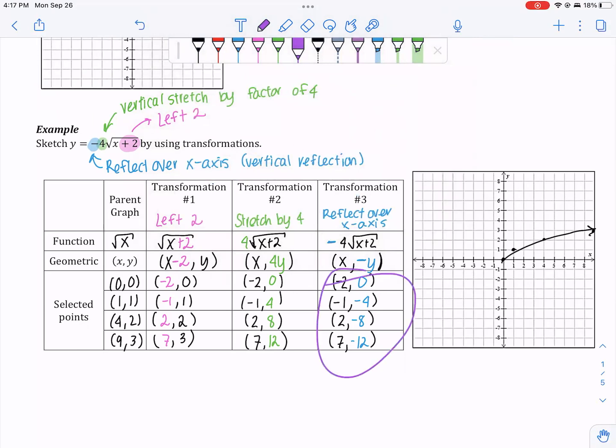These points right here will be on our new graph that's been translated. This guy right down here, unfortunately, does not fit within our graphing area, so we won't be plotting that point, but we will be plotting these guys here. So we have (-2, 0). We have (-1, -4).